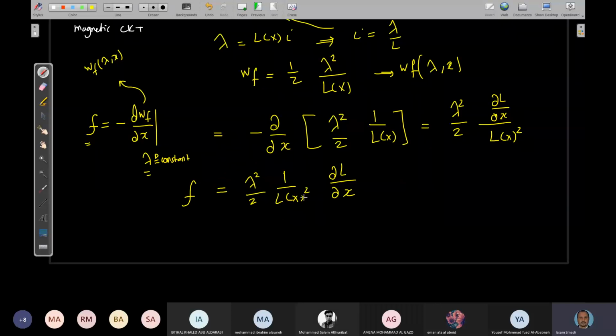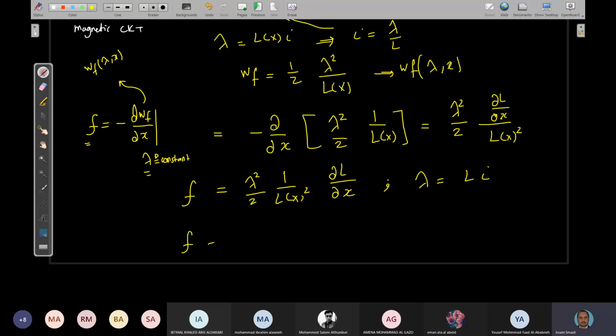Yes. Now, in general, if I need to write the force, and if we recall the first lecture, the electromechanical energy conversion, it was to write the force or the torque as a function of the machine variables, which are the current and the displacement, not the flux and the displacement. In general, I can measure the current, but it's hard to measure the flux, correct? So now I need to substitute the variable, which is lambda equals Li.